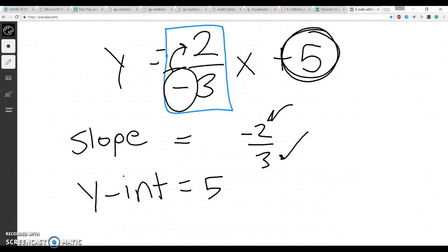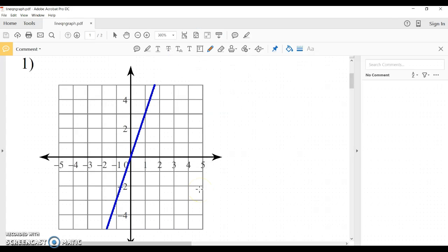Let's try these from some graphs, and then that will be my last example. Okay, let's say they've given me a graph. Now for this first graph, I know that I want this to be in form y equals mx plus b. And I can see that this should be my slope, and this is going to be my y-intercept.